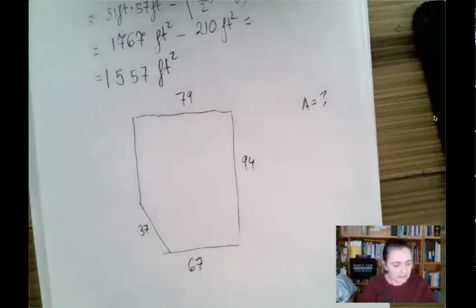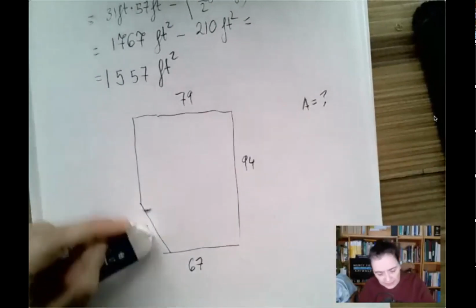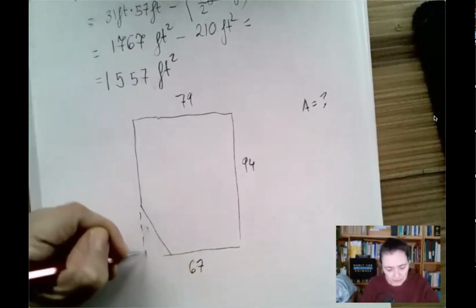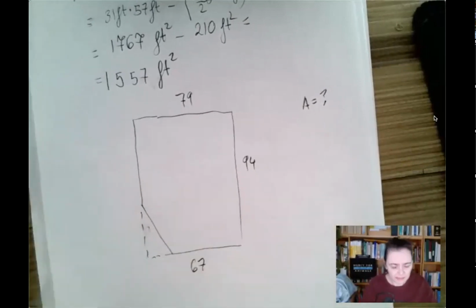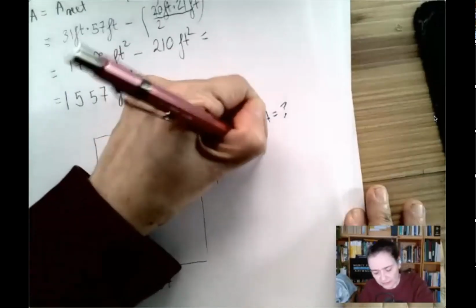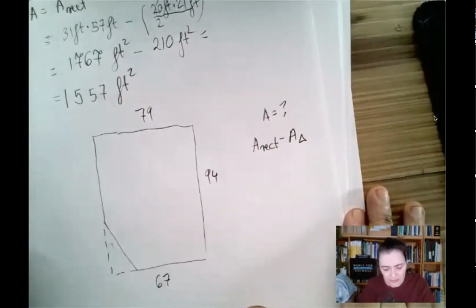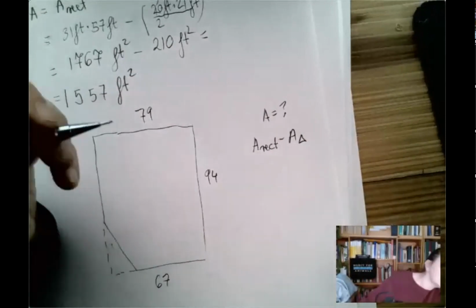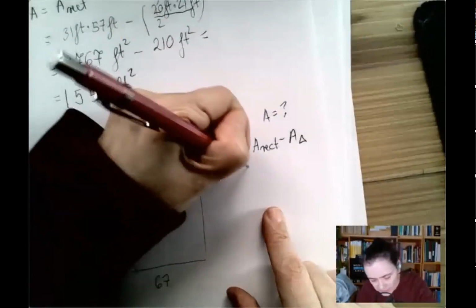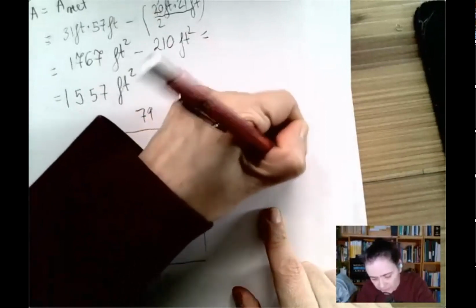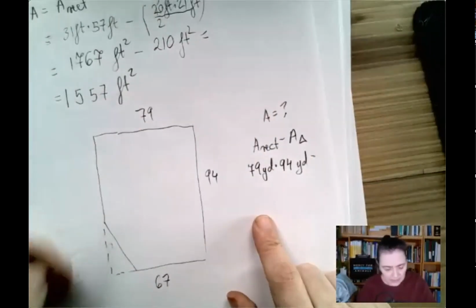So I think the area is going to be, again, we could find the area of the rectangle, and then subtract the area of the triangle, right? So it would be the area of the rectangle minus the area of the triangle. The area of the rectangle, I forgot the units, is yards. 79 yards times 94 yards minus the area of the triangle.